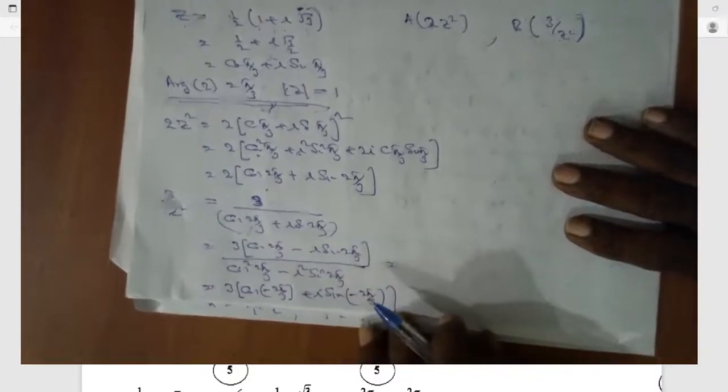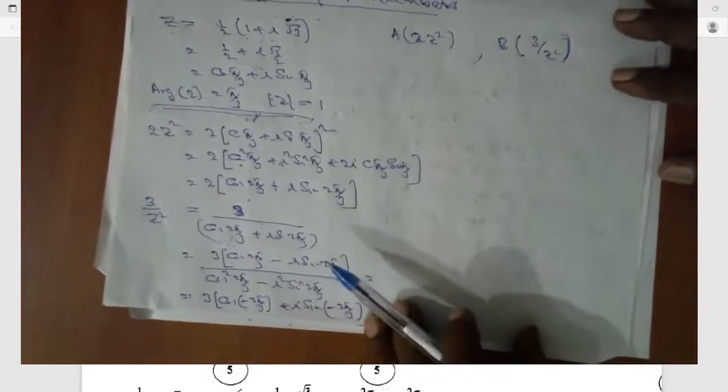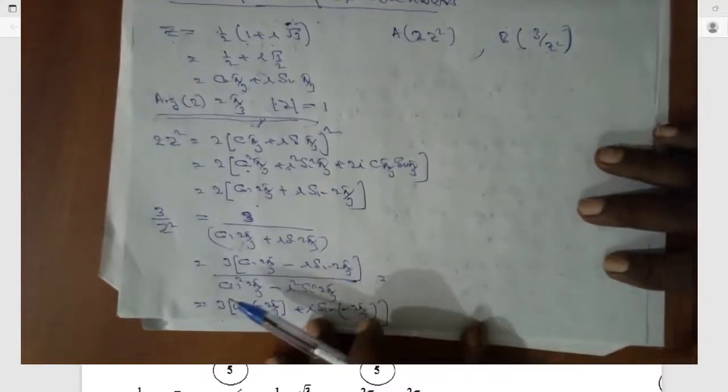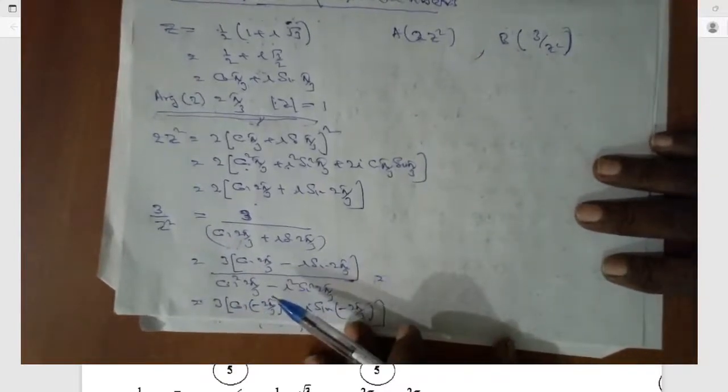So this is a principal argument according to the new syllabus definition of argument, right? Before 2011, argument was defined from 0 to 2 pi.